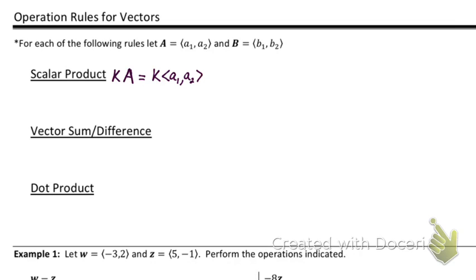This could be 3 times 2, 4, whatever. They're just placeholders for numbers. Well, to actually do the scalar multiplication, it's almost like we factor that k into the vector. So this is going to become k times a sub 1, comma k times a sub 2. And that's all we have to do. And we'll see an example down there.